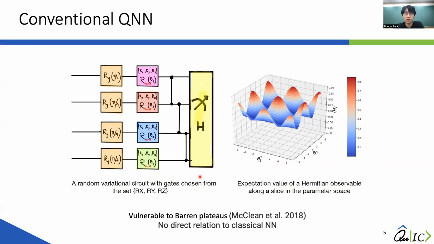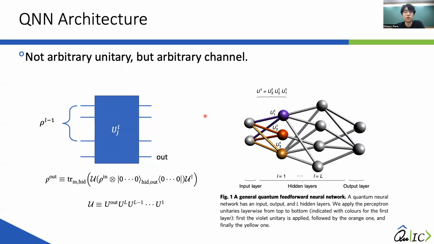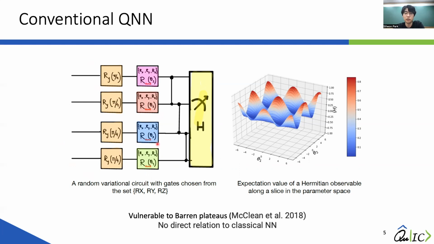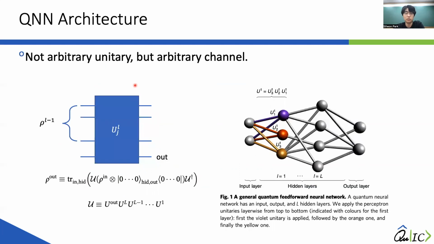So in this paper, the authors proposed a new architecture of this neural network. So instead of training an arbitrary unitary that is parameterized by some parameter gates, we are aiming to learn some arbitrary quantum channel. So how to make the quantum channel?